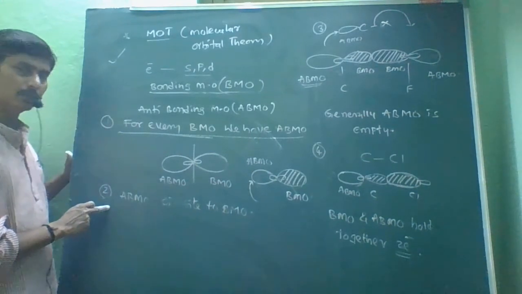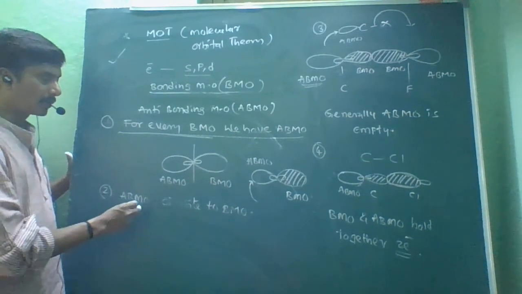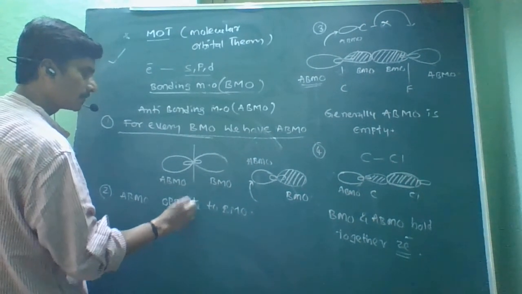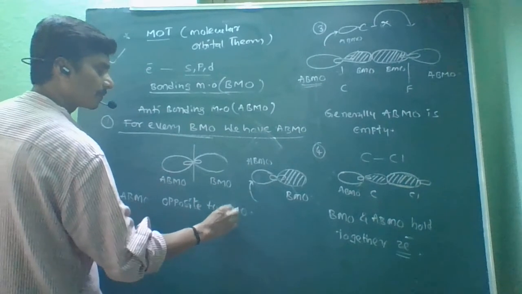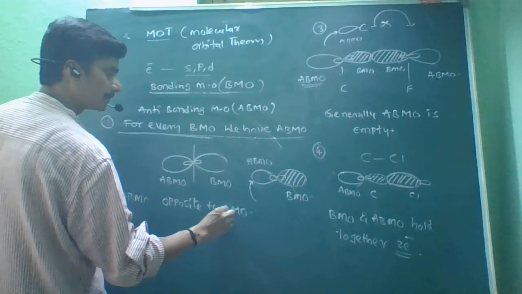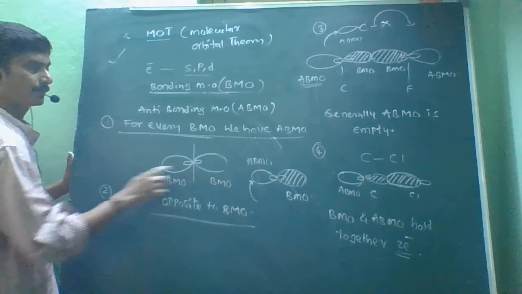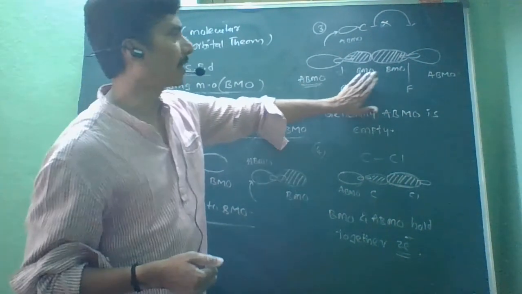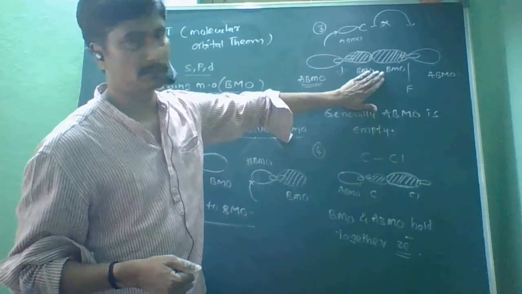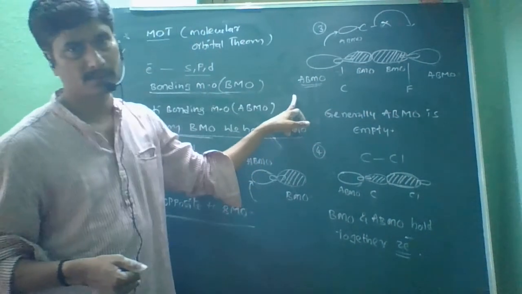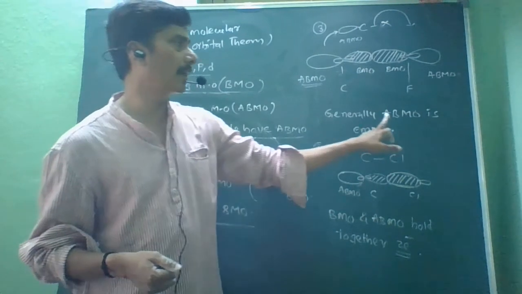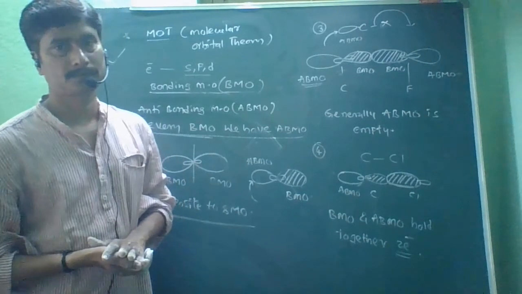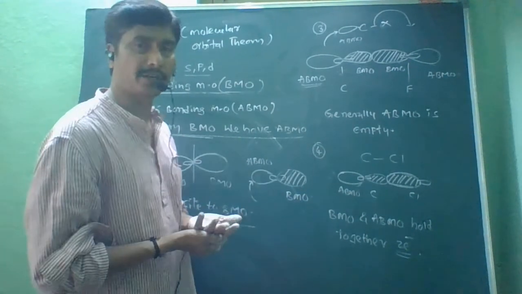Point number 2: the anti-bonding molecular orbital is exactly opposite to the bonding molecular orbital. Third, generally bonding molecular orbitals are involved, but not the anti-bonding molecular orbitals. So the third point is that generally anti-bonding molecular orbitals are empty unless any reaction is initiated.